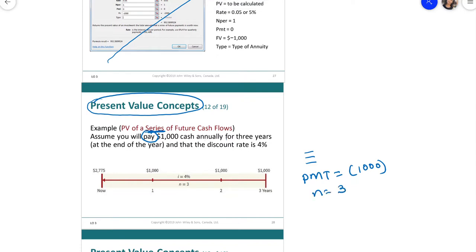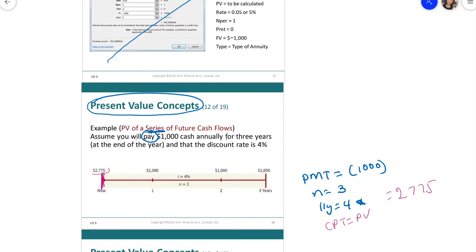So N is 3, your IY, which is your interest rate, is 4. And then we want to know how much we should have today, so we compute the present value, and that should come up with 2775. This tells us how much we should have today in order to pay $1,000 annually for 3 years.